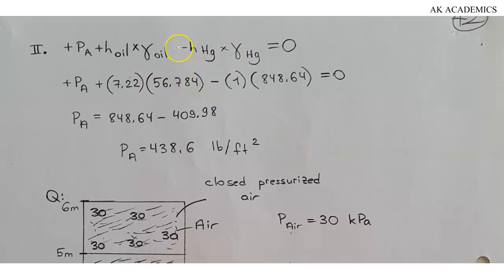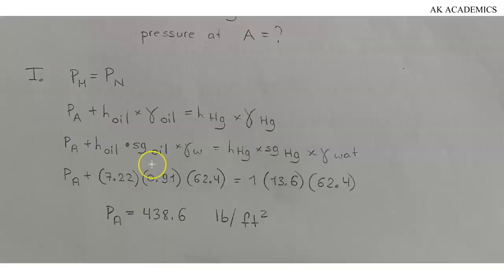That's exactly why you have minus h of mercury, height of mercury, multiplied by specific weight of mercury. You add everything together and you equate it to 0. When you rearrange and multiply all those values out, after substituting the respective values in the equation, you would obtain the same thing, which is pressure at A equal to 438.6 pound per square feet. So you can use either method to find your PA.